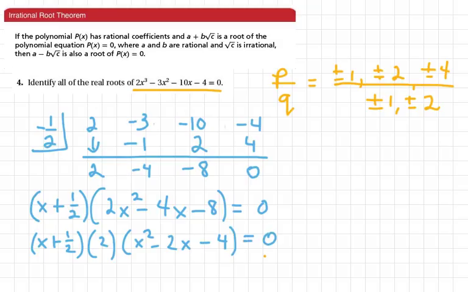And we'll never get two factors that multiply to -4 that add to -2. Positive 2 and -2 would be 0. Positive 4 and -1 would be 3. -3 and +1 would be -2.